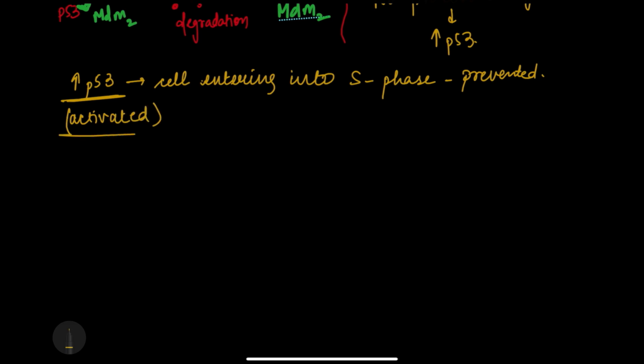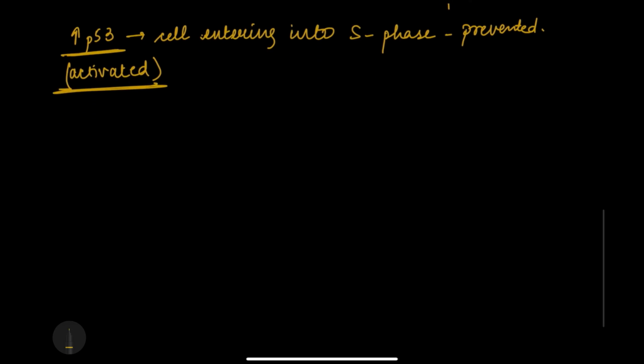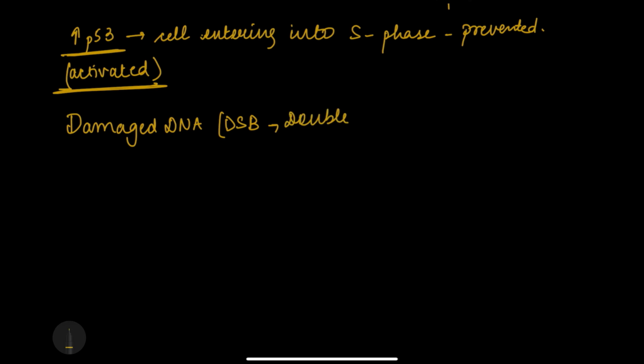So now let's understand how it basically gets activated. One reason is the increased level of p53. Another reason is damaged DNA, right? The form of damaged DNA is double-stranded breaks in DNA, right?